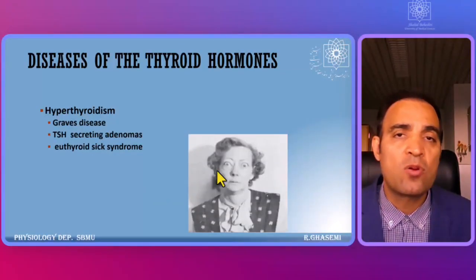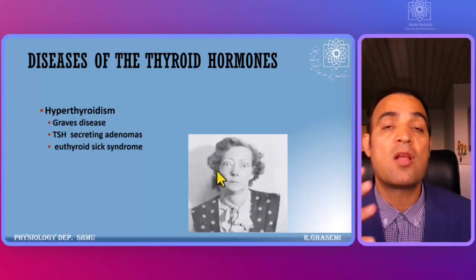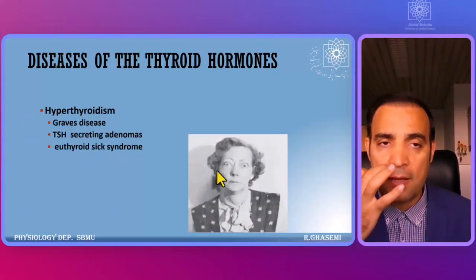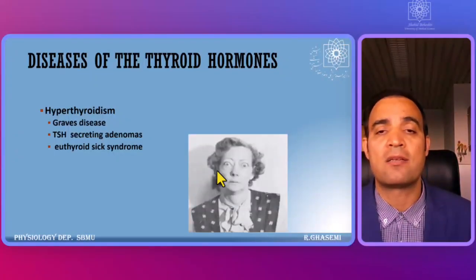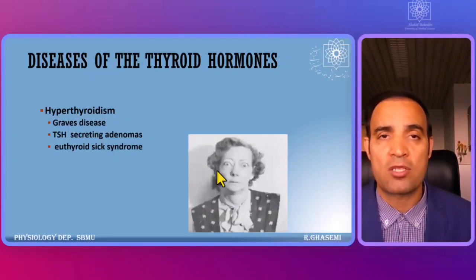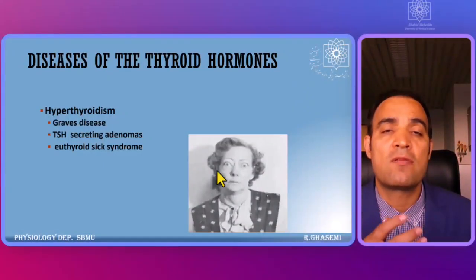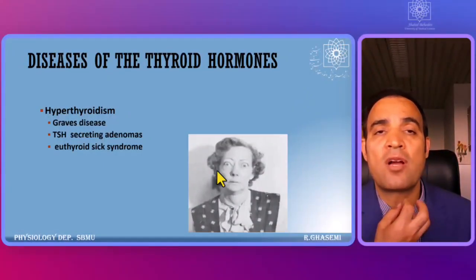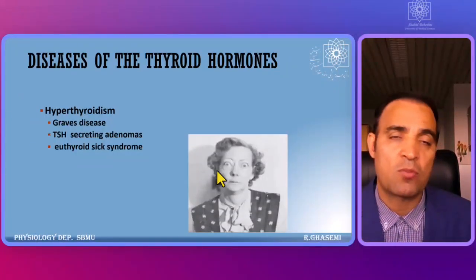You remember I told you about the toxins that inhibit the peroxidase and inhibit the iodine uptake, and these drugs could be used as a tool to decrease hormone production. Sometimes in a severe state, we remove some part of the thyroid gland from the body to reduce the thyroid hormone production.